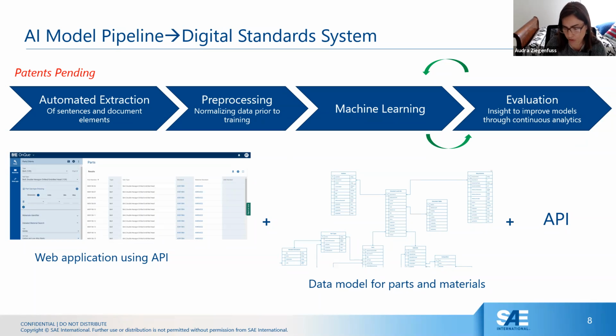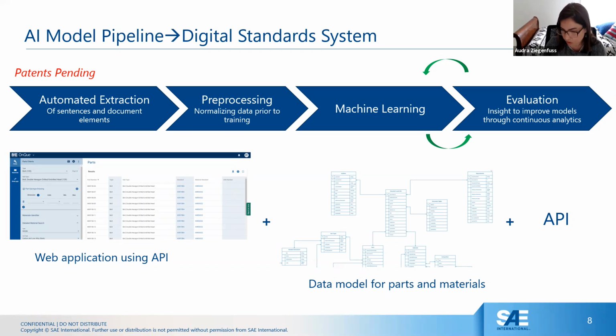And then we were able to do the supervised machine learning. One of the things that we built in, because we were going through so many documents, is that these algorithms should be able to be applied to documents that are not developed by SAE.